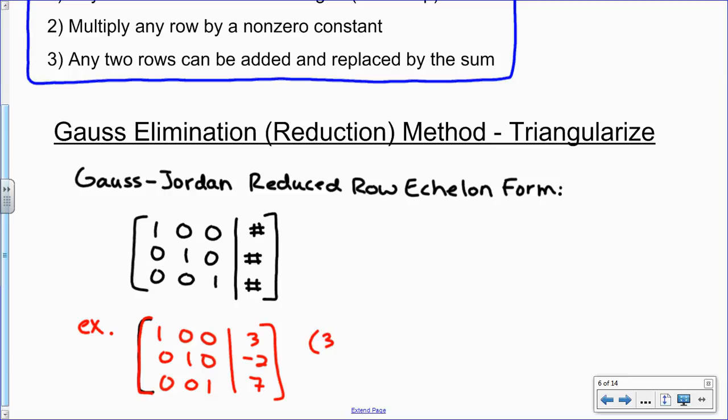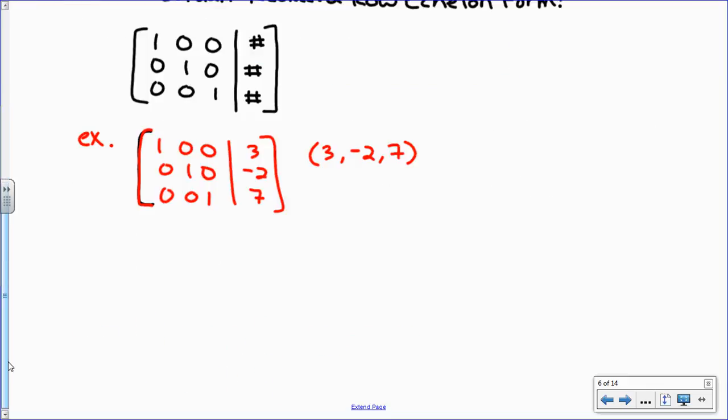So my answers are 3, -2, 7. And here's why. So look at this as a system. So remember, over here, the left side is your coefficient matrix. So that's 1x plus 0y plus 0z equals 3. So that's x equals 3.